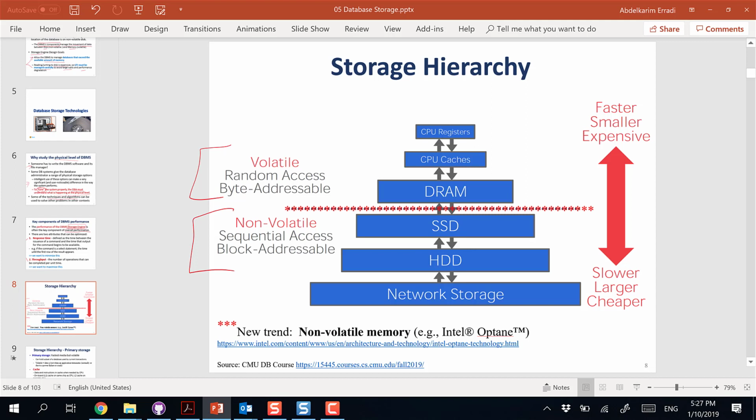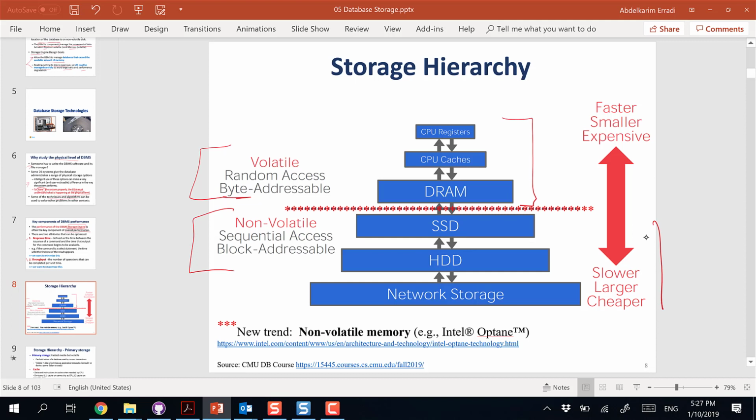But in disk, it is very costly to start reading blocks at various places. I will explain why shortly. But first of all, when we talk about memory at this stage, we can read and write even at a byte level. We can read 1 byte, we can write 1 byte.